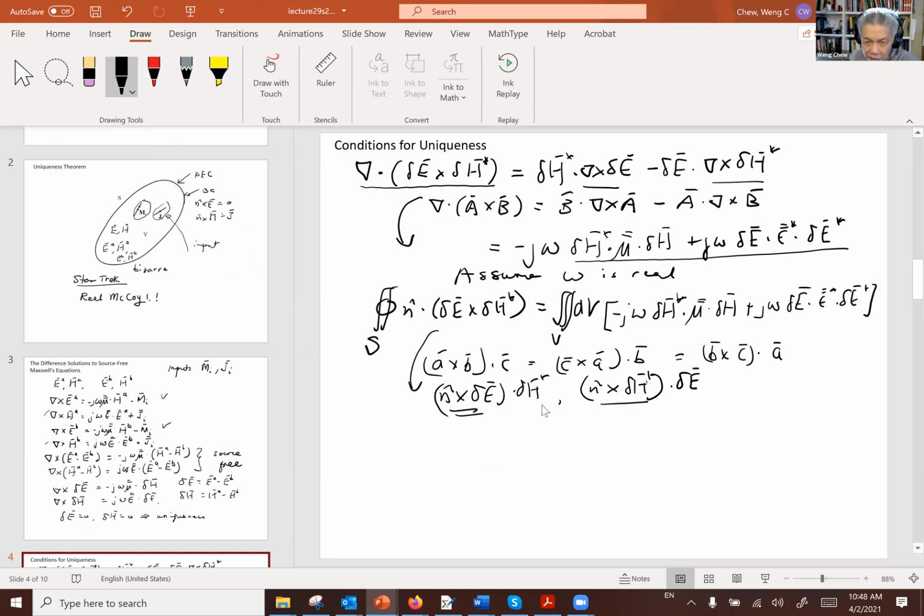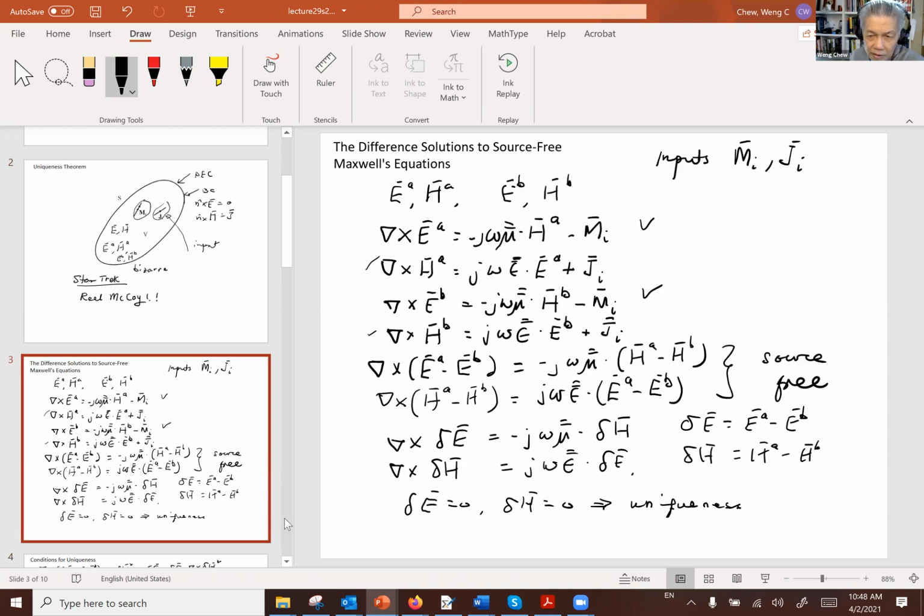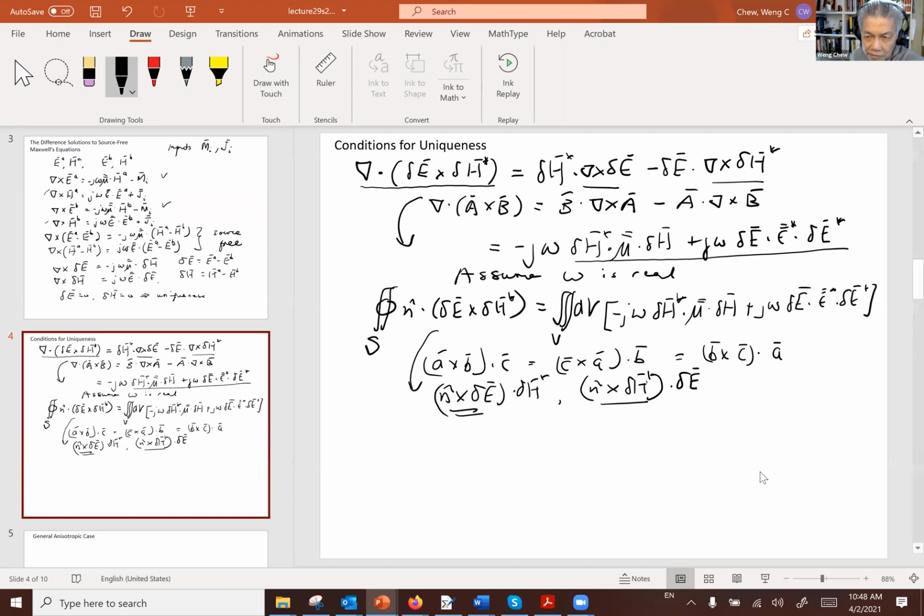The same thing, if I require that the prescribed boundary condition is such that n cross delta H is equal to 0, that is the case if I use PMC, a perfect magnetic conductor. This would be 0 under PMC on S. This would be 0 under a PEC on S. Can you all see that?